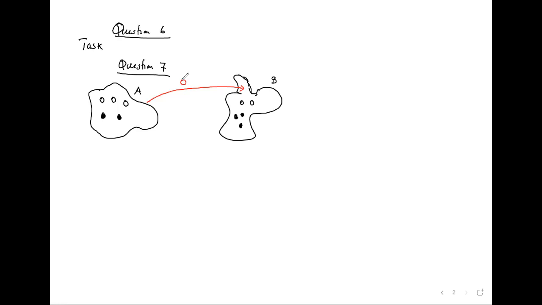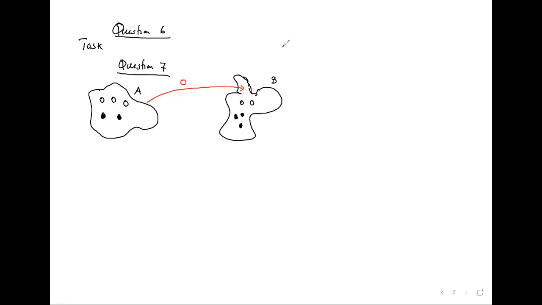What's the probability that a counter removed from bag B will be white? So you take a counter from A, you take it to B. What's the probability that if you go to get a counter in B, the counter you get will be white?